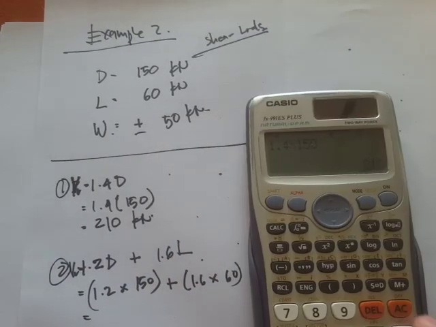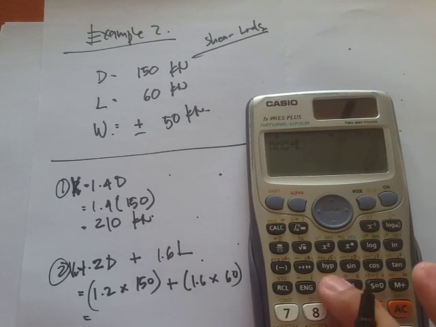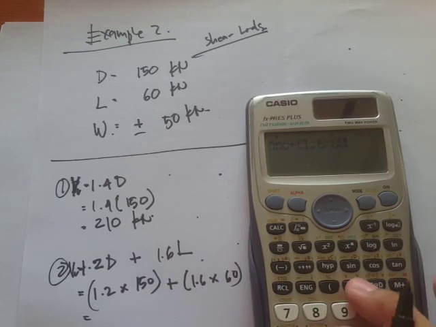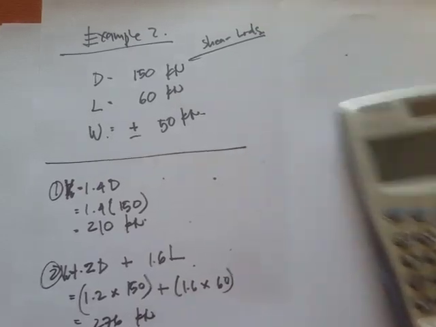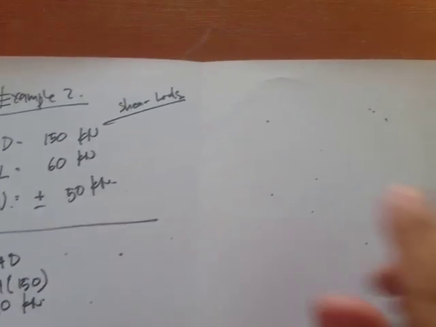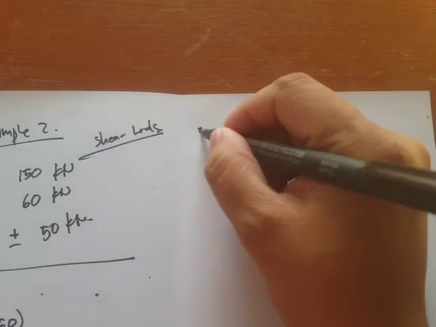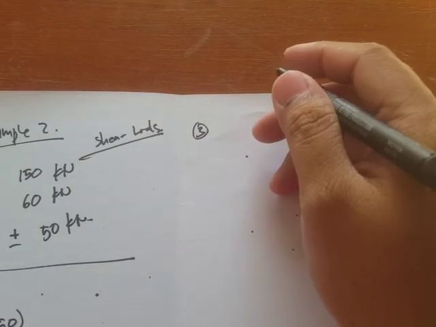Okay, so what's this value? We have 1.2 times 150 plus 1.6 times 60. Okay, so we have 276 kilonewton. Okay, the next one would be the third combination.